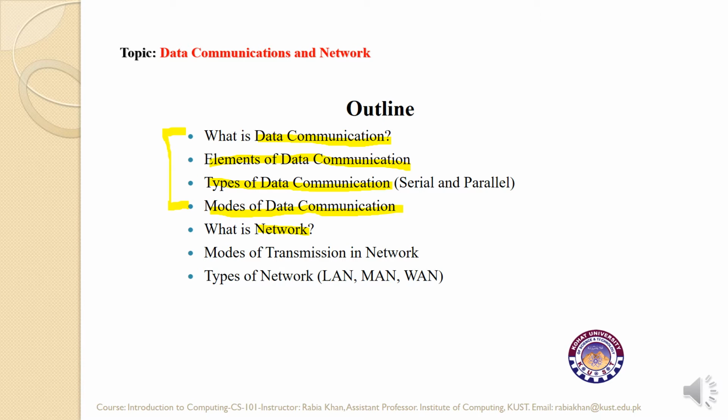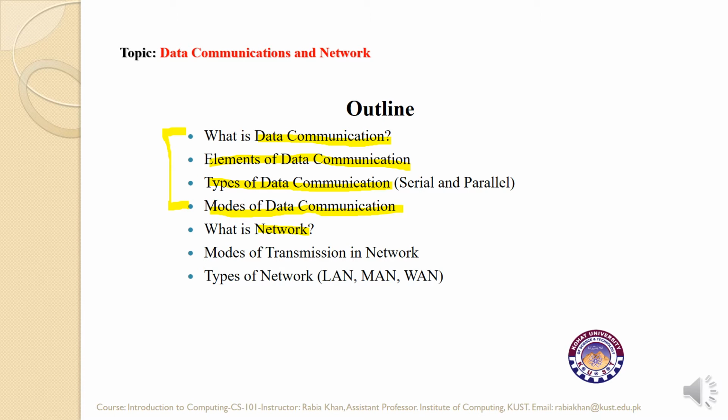Then we discussed how a data network actually works. So both the required software and required hardware need to be there in order for a computer network to work properly. What are different elements required to form a computer network?